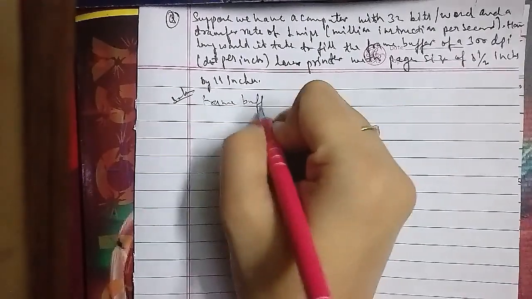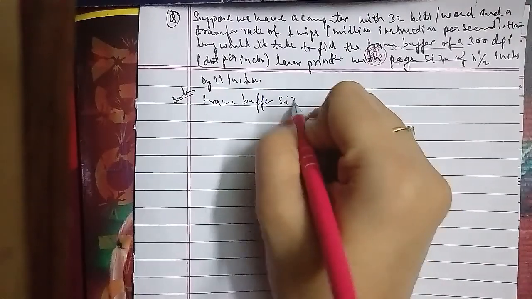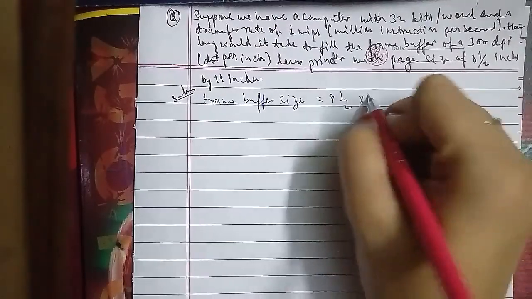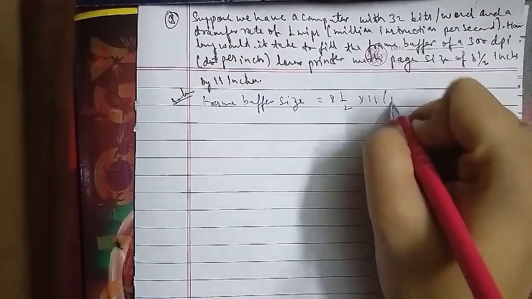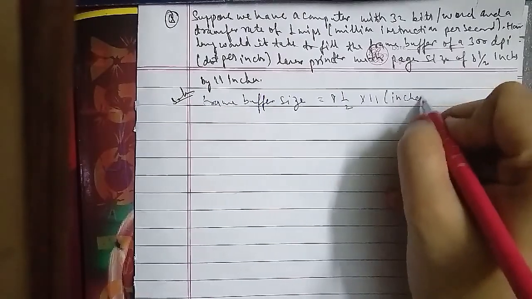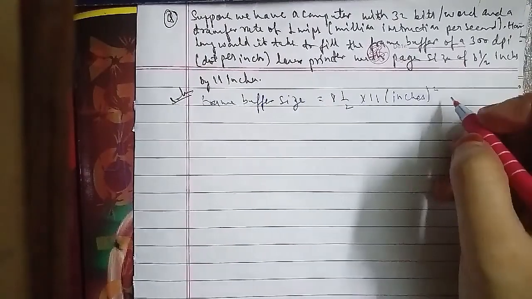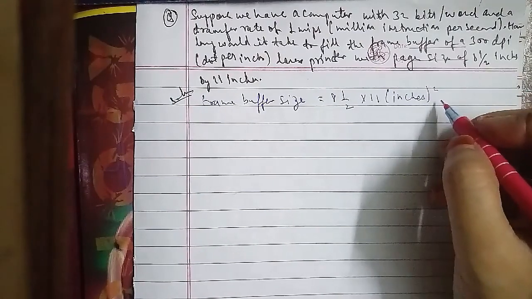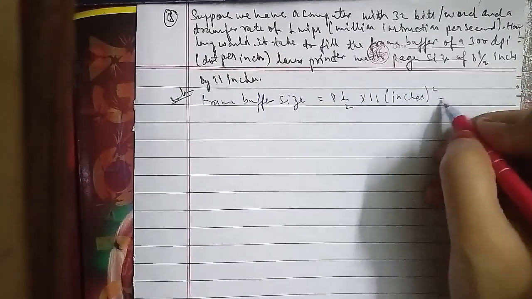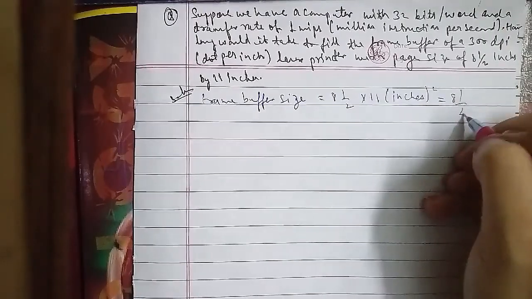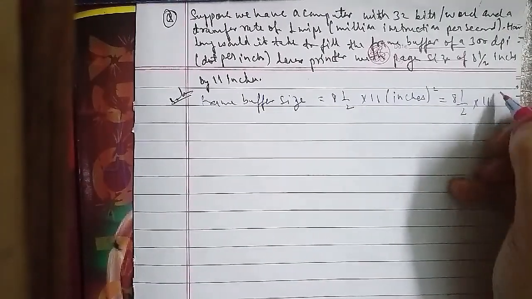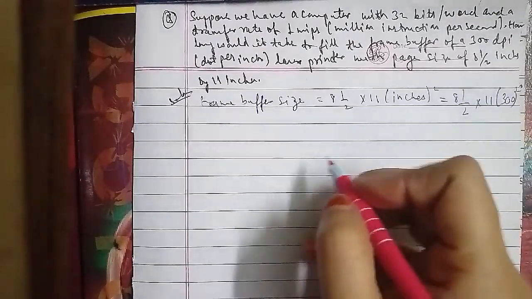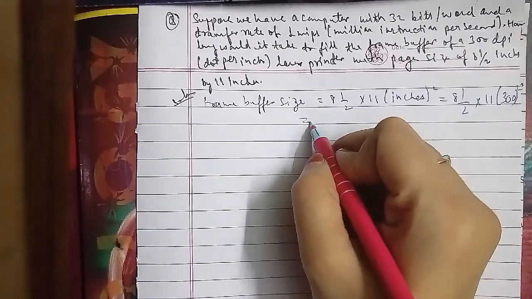Then we have 1 into 10 to the power 6 words per second, that is 1 instruction is 10 to the power 6 words. You can just write it down. So for that, 32 into 10 to the power 6 bits per second, and 1 word equals 32 bits.